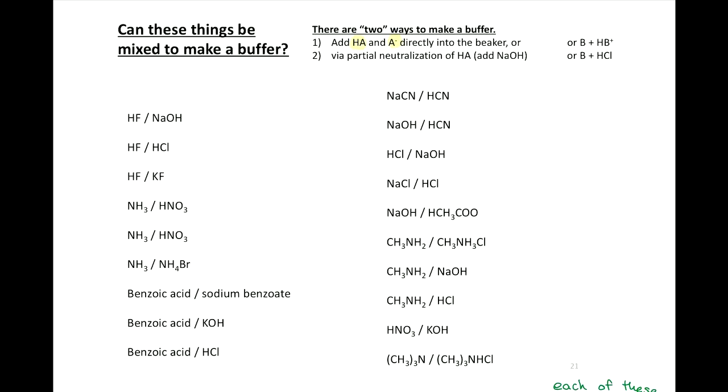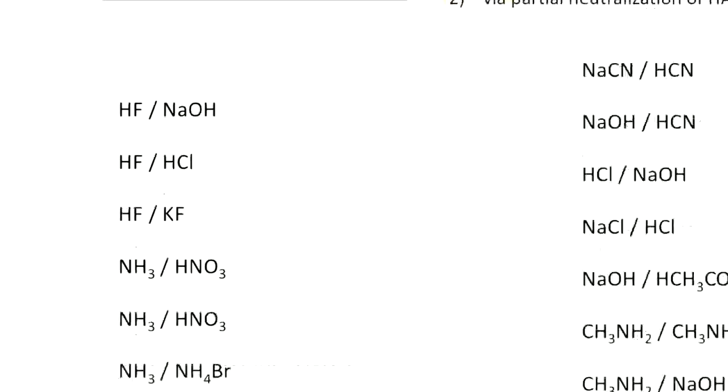Either add them directly or via partial neutralization. So you can have an acid and its conjugate base, or you can have a base and its conjugate acid. But remember, we can make conjugate acid by adding a strong acid to a base. So let's go through all of these and you tell me, can you make a buffer out of these things?